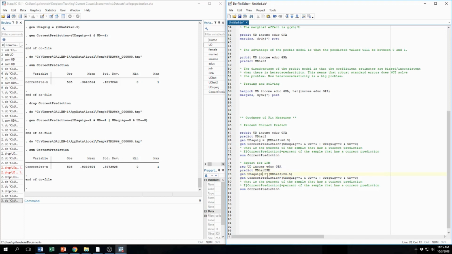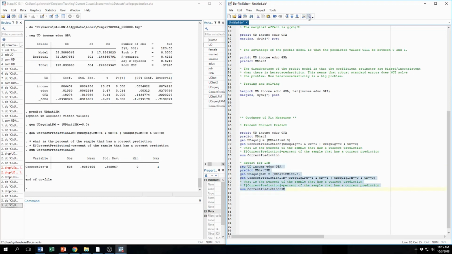There we go. Correct prediction, LPM. All right, so now we're competing with 80%. So which one is going to do a better job of generating a predicted value? Okay, they're both pretty much 80%.